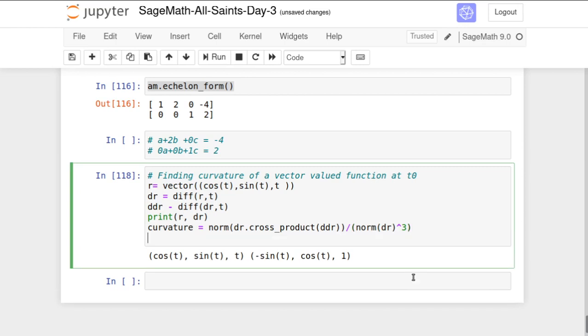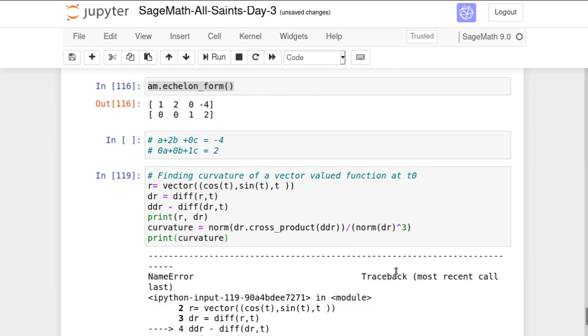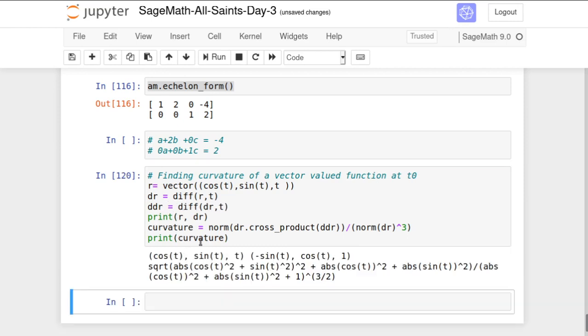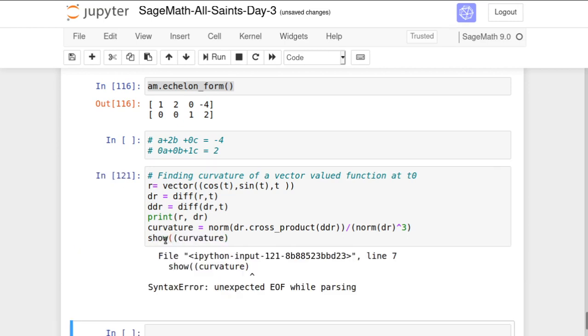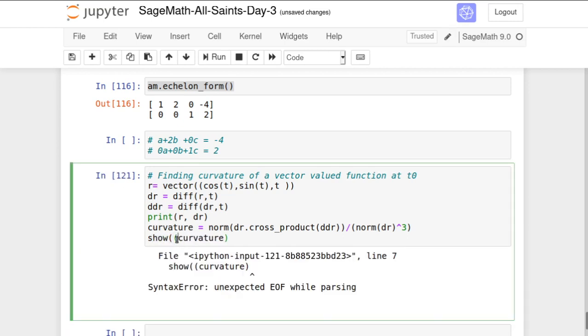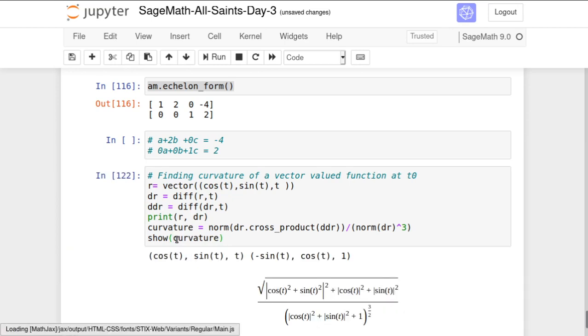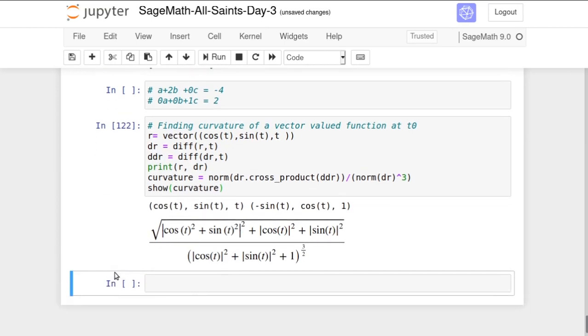Okay, let us see the curvature. This is the curvature at t. Now ddr equal to, not minus, equal to. So we get the curvature to be this function. Curvature is equal to this: root of modulus of cos t square plus sin t square the whole square plus cos t square plus sin t square, divided by this.